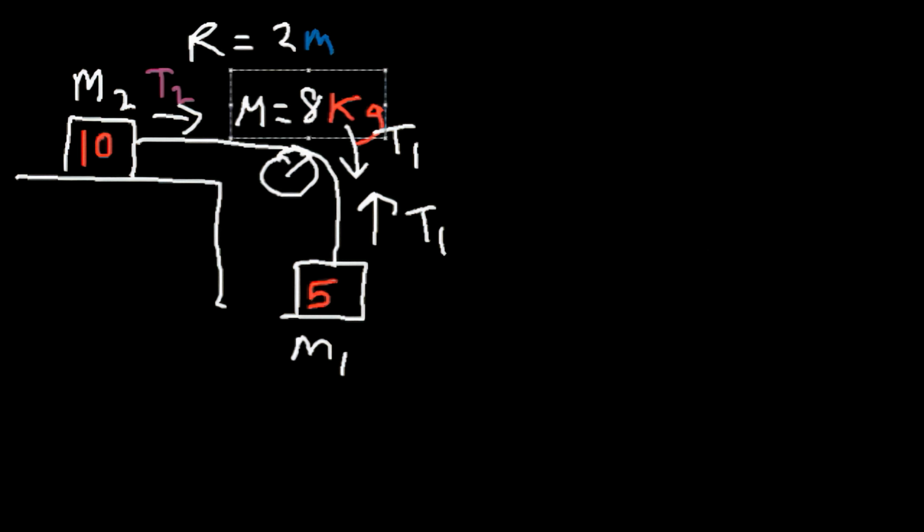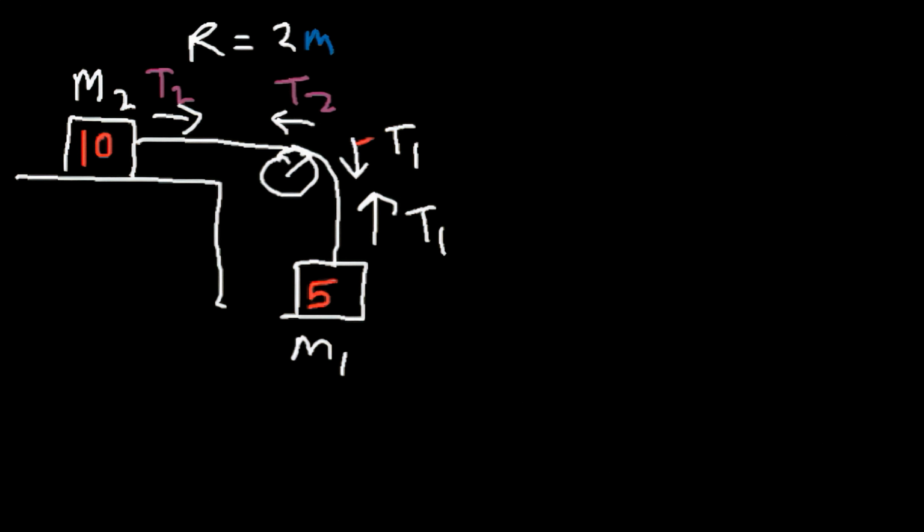There must be another T2 force in the opposite direction of the other T2 force that causes the pulley to slow down from turning to the right, so to speak.